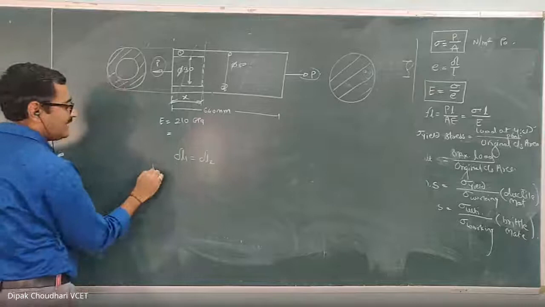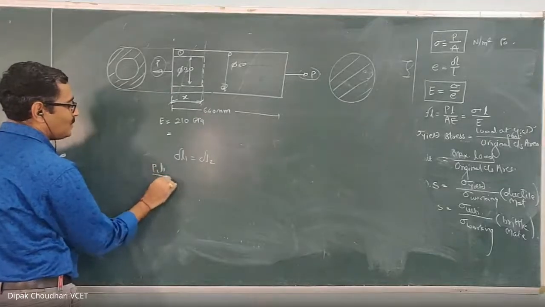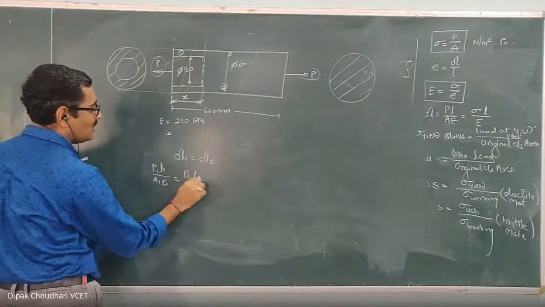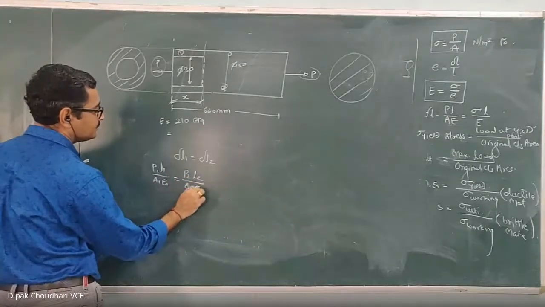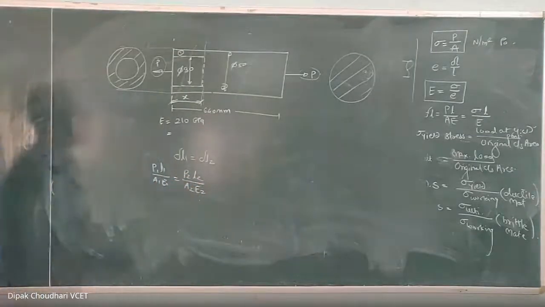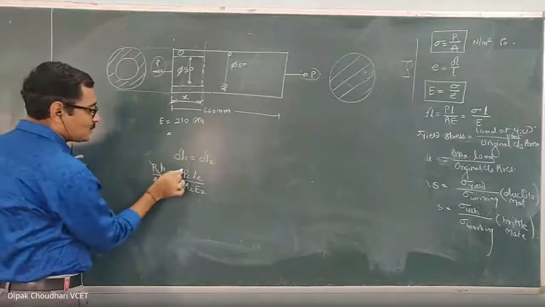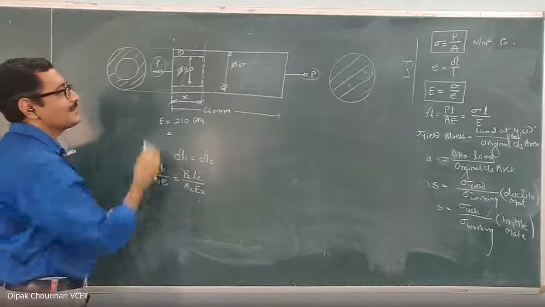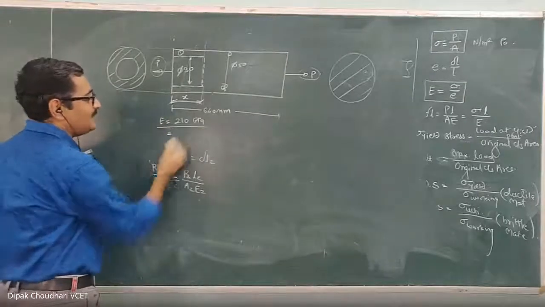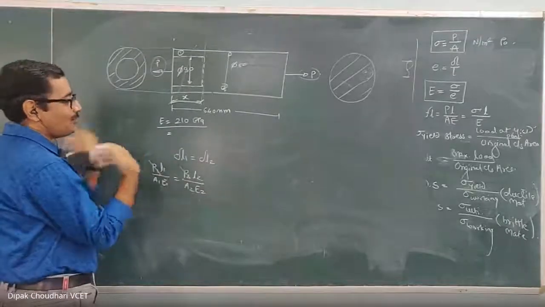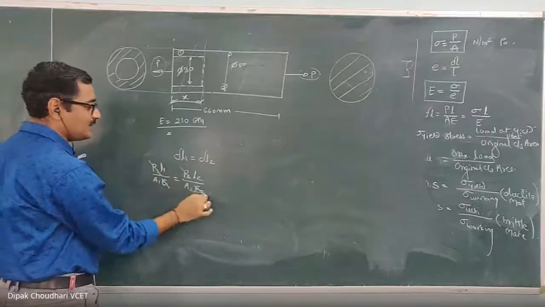Both parts are subjected to the same force P. So delta L1 can be written as P1 L1 upon A1 E1, which is equal to P2 L2 upon A2 E2. Clear? Both parts are subjected to the same force P. P gets cancelled. Both parts are made of the same material, so E is the same. Whatever may be the unit or value, since both are the same, it will get cancelled.